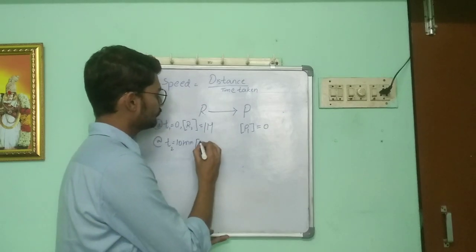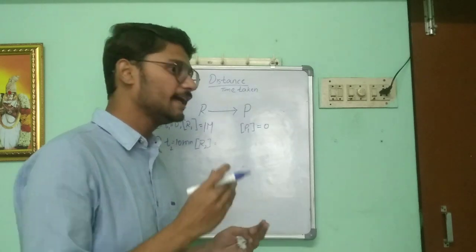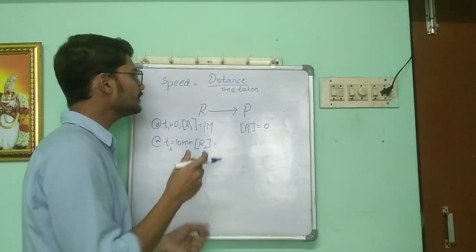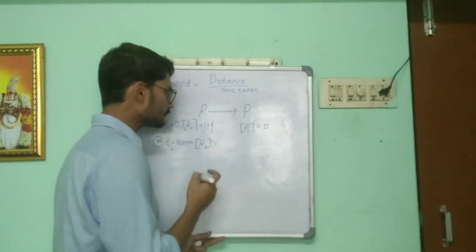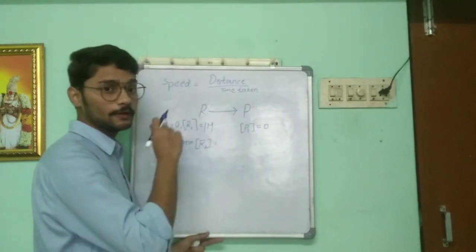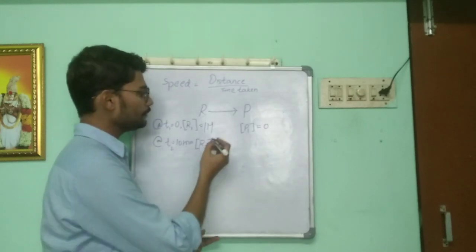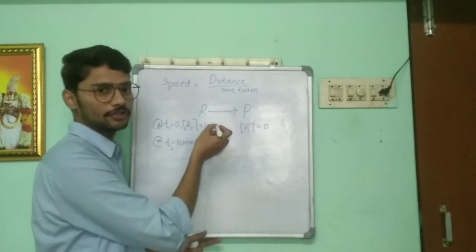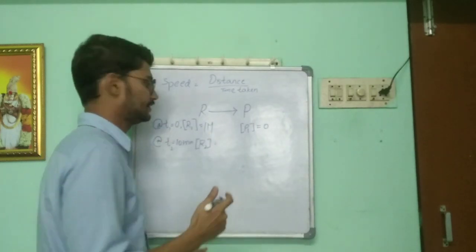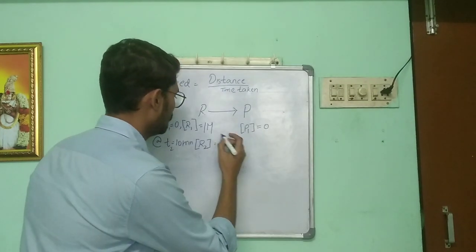The concentration of R will be reduced because it is moving in the forward direction. We are considering that the reaction is moving in the forward direction, so it will get consumed. That's what we discussed, rate of disappearance of reactant. So the molarity of R also decreases.